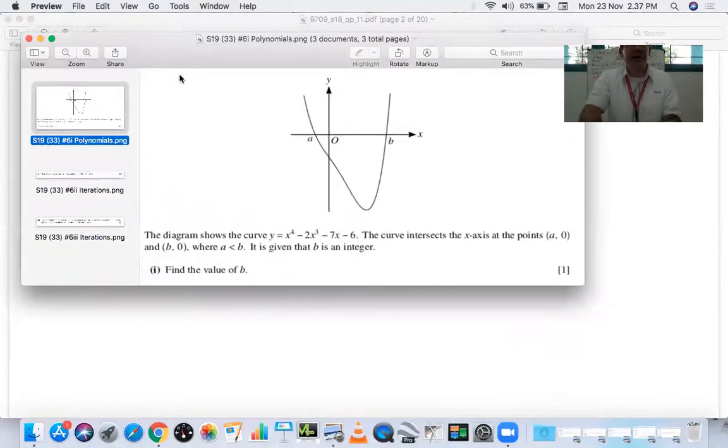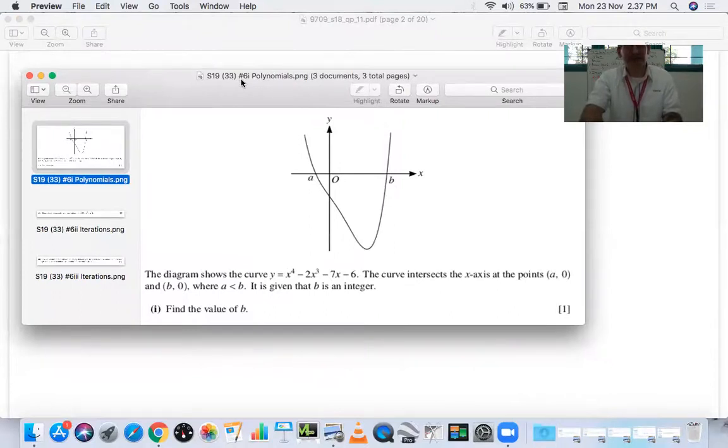Here's summer 1933, number 6. And this one has a polynomial going across the x-axis. It gives you a polynomial and says that b is an integer. You actually have to take the factors of 6 and the plus or minus factors of 6, which obviously b is positive.